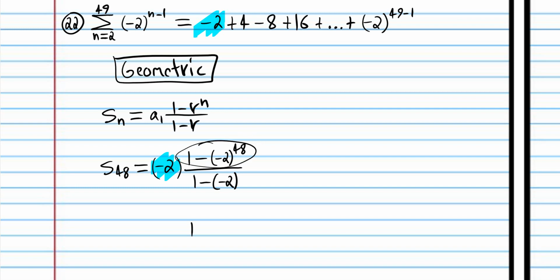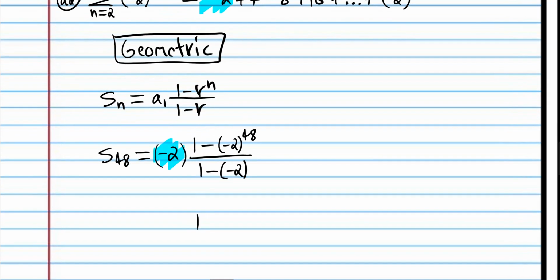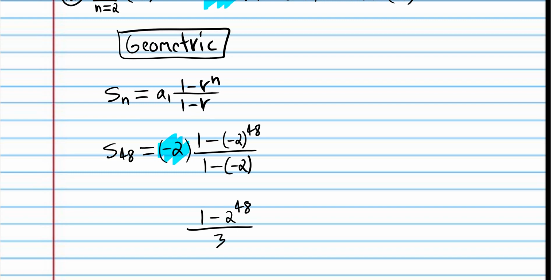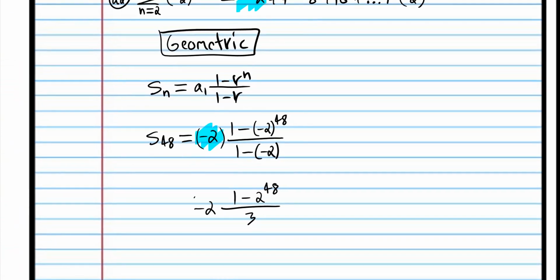Now you can leave it in this form if you want, but because that's an even power, that means when you raise this -2, the result is going to be positive. So you can just get rid of that negative and say 2 to the 48. Now again, if that confuses you, then just forget about it. Just leave it in this form. That's fine.